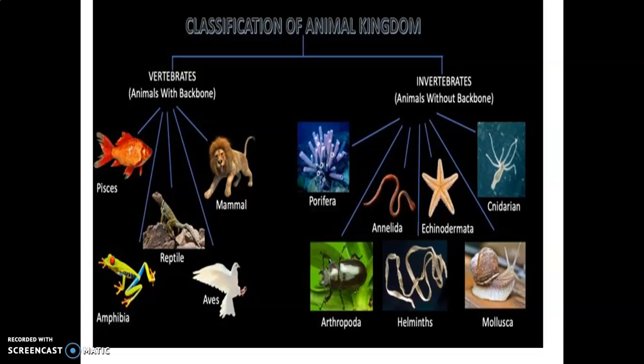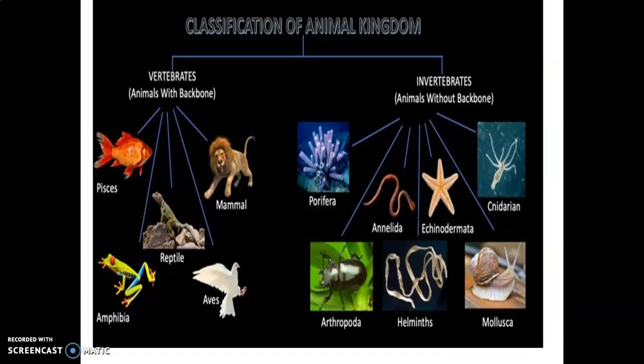Then amphibia, reptilia, aves and mammals, their special feature is they have two pairs of limbs. That's why they are called, yes, tetrapods. The amphibians have adapted to live both on land and in water, whereas reptiles have dry or cornified skin. Both aves and mammals are warm-blooded animals.